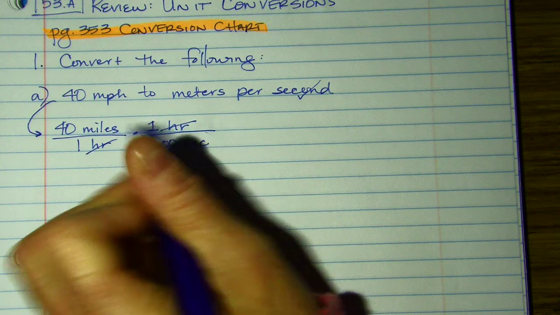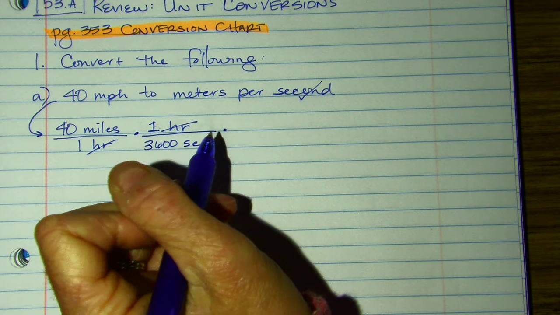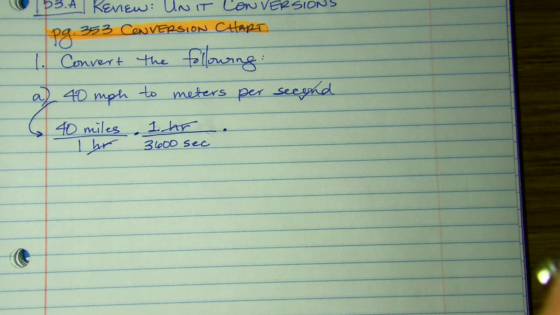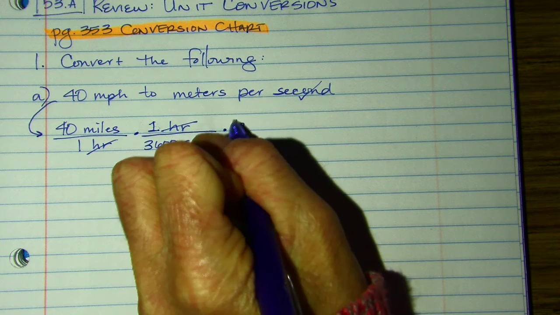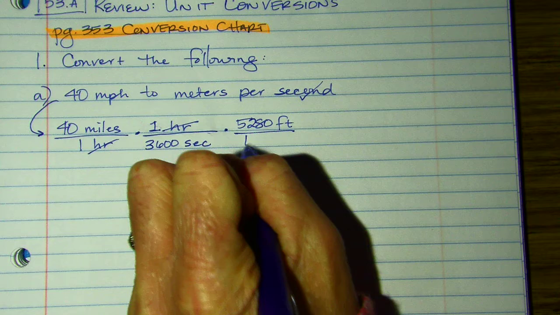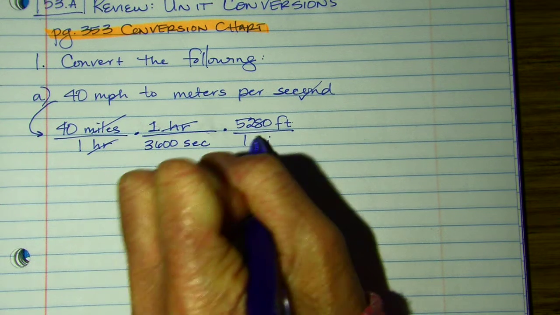Now I need to convert miles to meters. So there are a couple ways to get there, but I am going to get down to inches and then convert that to centimeters and then that to meters. So I know that there are 5,280 feet per 1 mile. So that's gone.